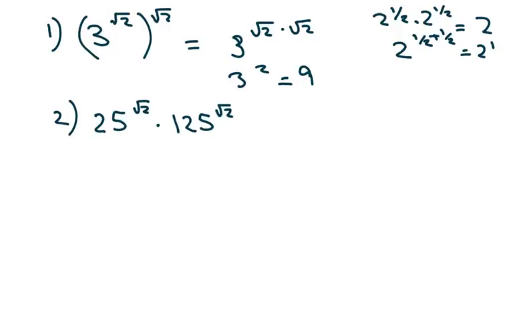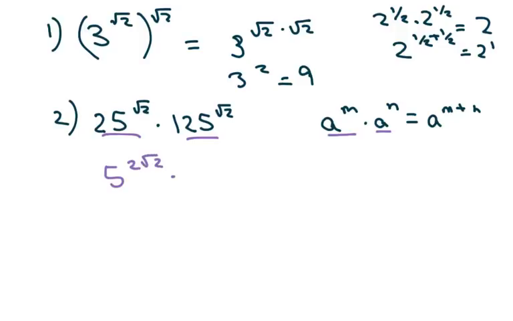Now what I know from the first page is that we have a to the m times a to the n equals a to the m plus n. And that means my bases are the same. Here my bases aren't the same, so I'm going to make them the same. I know this is 5 squared, and I know that this one is 5 cubed. And then you just multiply it by the exponent inside.